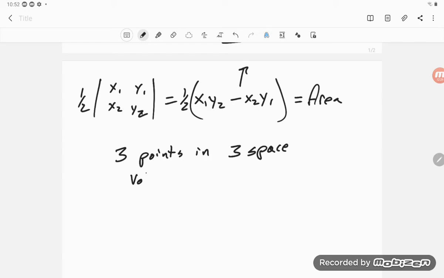Is that the volume of a pyramid? Okay, a 3-sided pyramid, but a pyramid nonetheless. I don't know. Okay, it's okay.